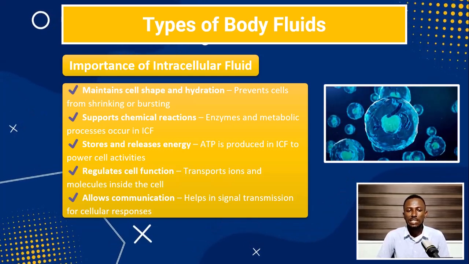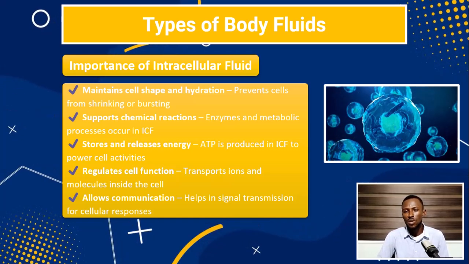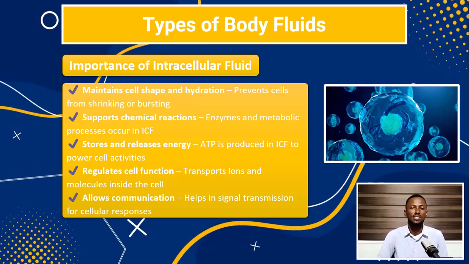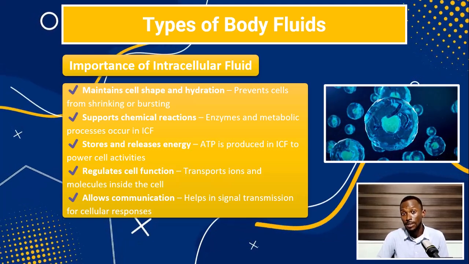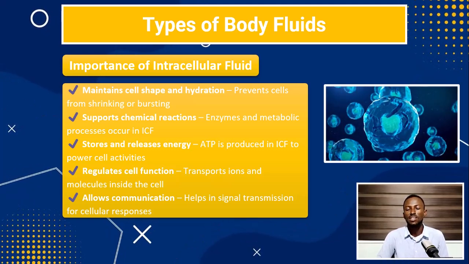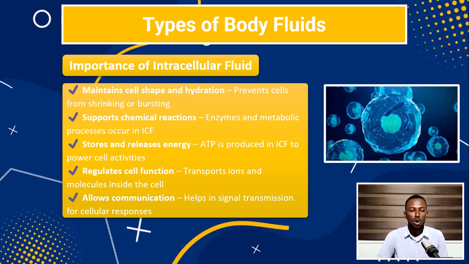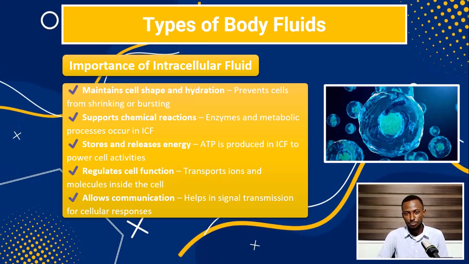And for the next importance, we have support for chemical reactions. You see, we humans or living things eat a lot, and there are a lot of metabolic processes that happen in the human body. But where do these chemical reactions happen? They happen in these intracellular fluids. Then we have intracellular fluid storing and releasing energy for the cell.